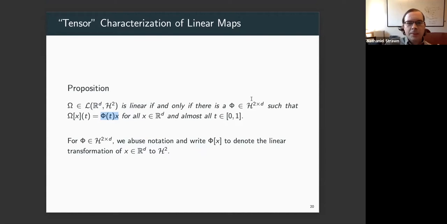So this is simple enough to prove, but it's useful to think about it in terms of what's happening at every single time slice. So for phi in this 2 by D matrix of Sobolev functions, we will abuse notation and we'll write just phi of x to denote the linear transformation of x in R^D to H^2.